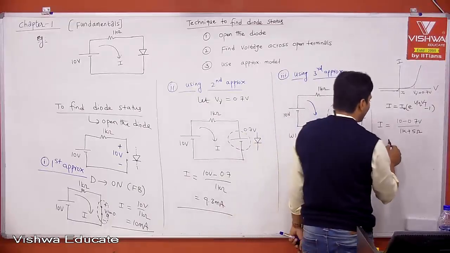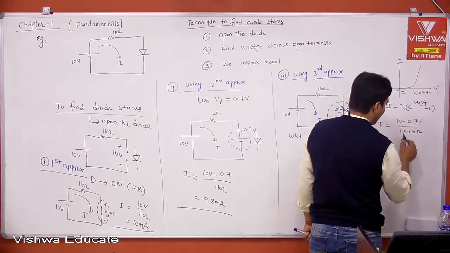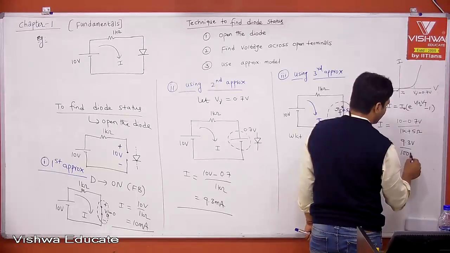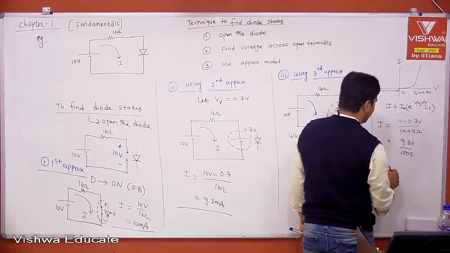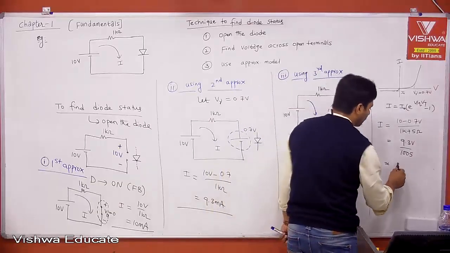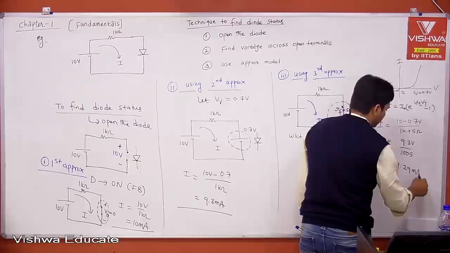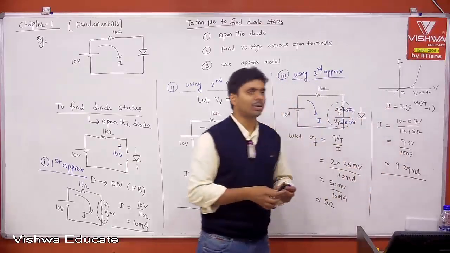Not significant. If you calculate exactly, 10 minus 0.7, 9.3 volt divided by 1005 ohm, you may get 9.29 milliampere, or I can say 9.3 milliampere only.